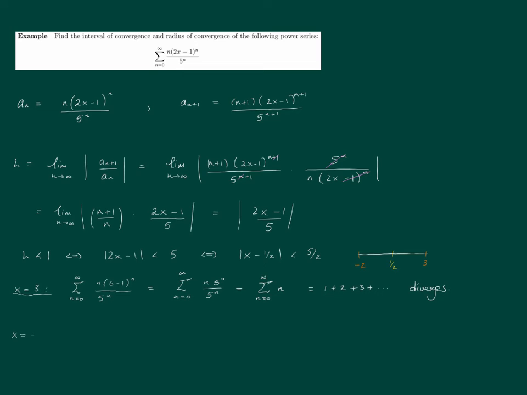Checking the next boundary case, x is equal to minus 2. The sum from n equals 0 to infinity of n times (minus 4 minus 1)^n all over 5^n. Minus 4 minus 1 is minus 5, so this is going to be (minus 5)^n. So the sum from 0 to infinity of n times (minus 5)^n over 5^n.